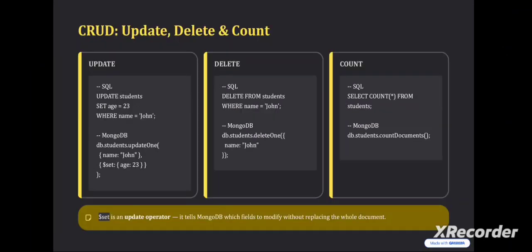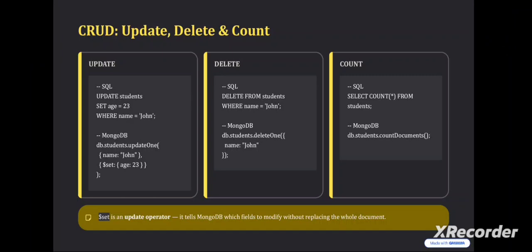And then update. So the query for updating is UPDATE table name SET, we'll be providing the update value, and then after WHERE we'll be providing the filter in MySQL. Whereas in MongoDB, we'll be using the updateOne function.